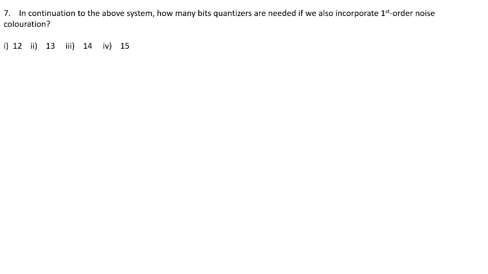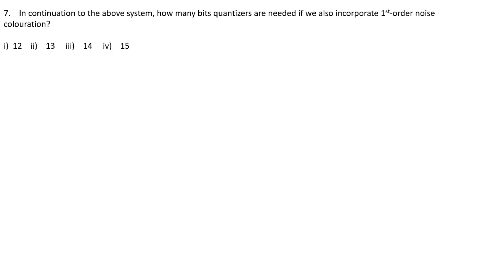Okay, in continuation of the above system, how many bits quantizer is needed if we incorporate first order noise coloration? We have earlier seen that without oversampling we need an 18-bit quantizer, then we add an oversampling factor of 16 and we see that we need a 16-bit quantizer. Now on top of that we are applying a first order noise shaping filter.